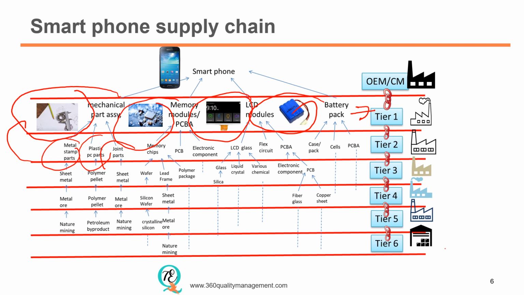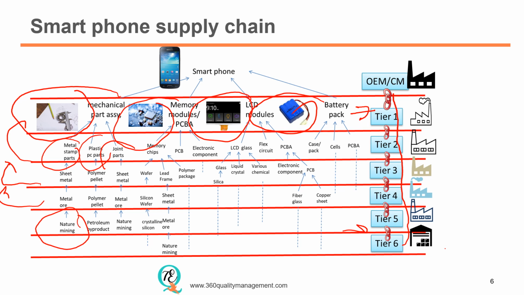And maybe tier 3 will have a slightly more raw form, in sheet metal form, and tier 4 is metal ore and Mother Nature mining at tier 5 or tier 6. So all these are linked together, and in between there will be distribution centers, logistics, and transportation. This is the whole overview of a smartphone supply chain.